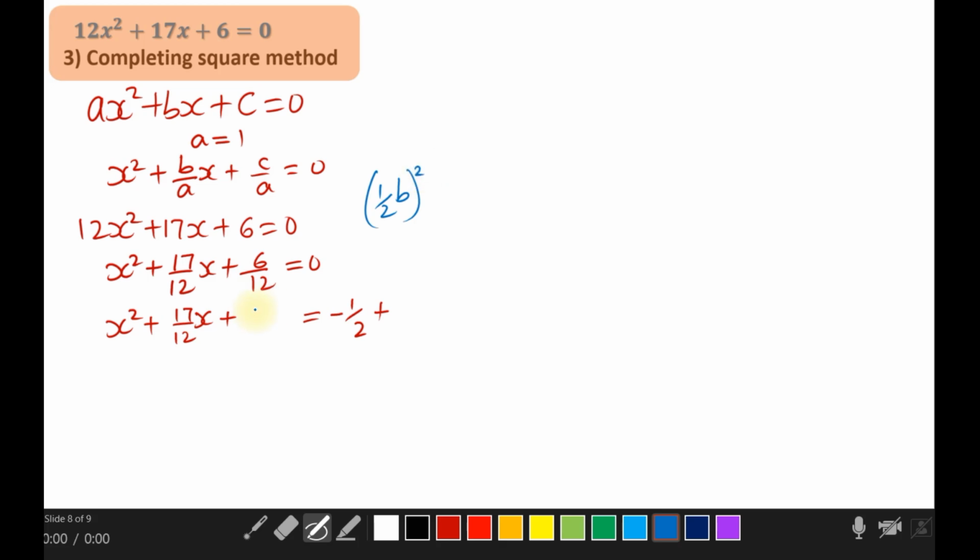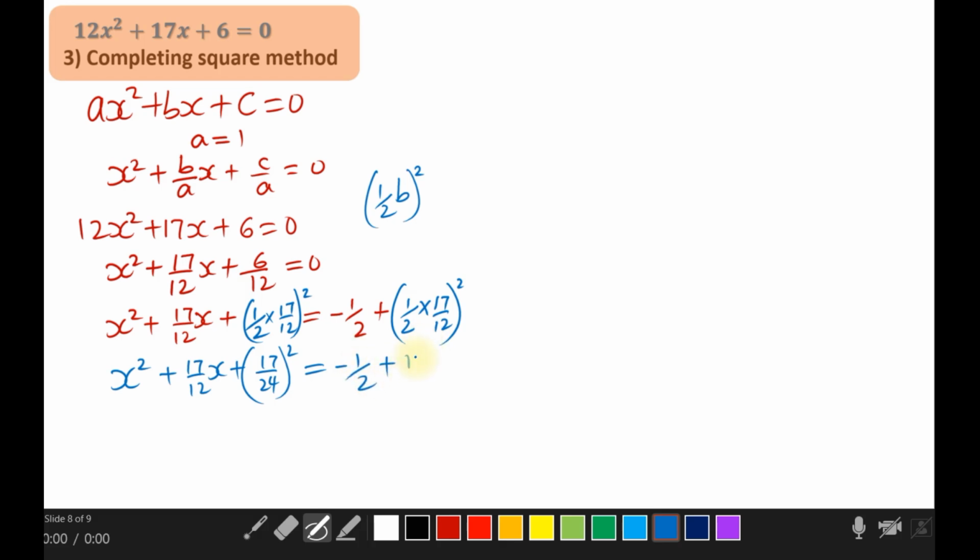So here half the coefficient of x is 17 over 12, everything squared. So this will be x squared plus 17 over 12 x plus 17 over 24 squared, which would be equal to minus a half plus 17 over 24 squared.